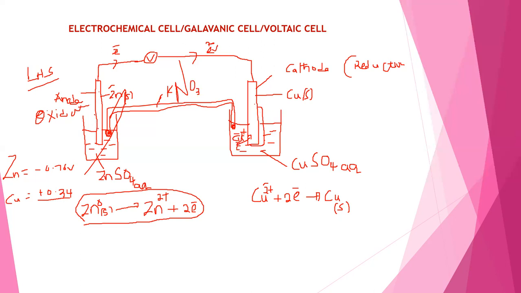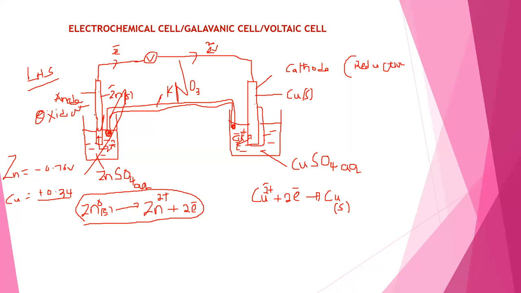On this side, the zinc atoms from the anode are going into the solution as zinc ions, making the electrode reduce in size. Therefore, the mass is also reduced.